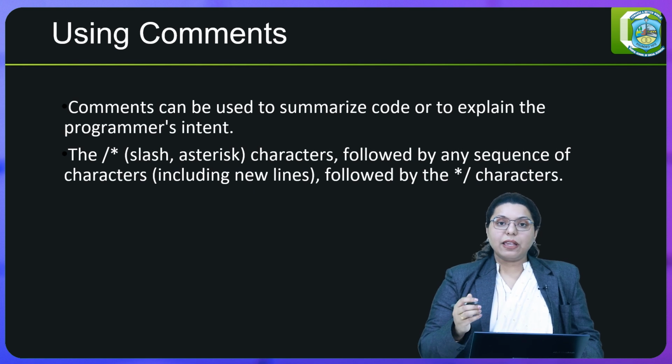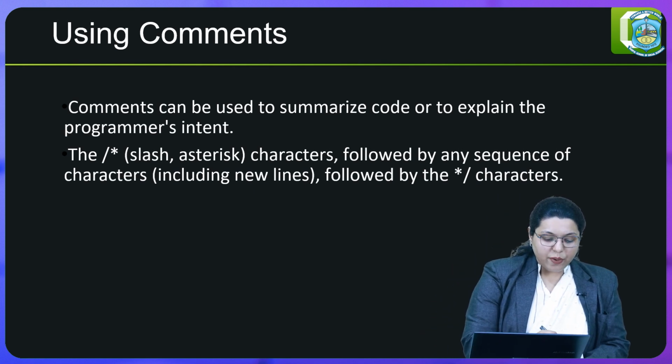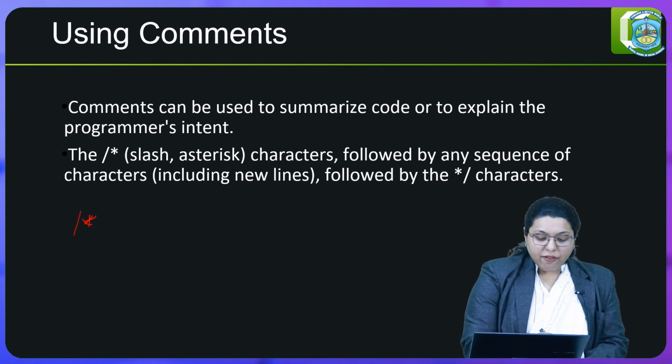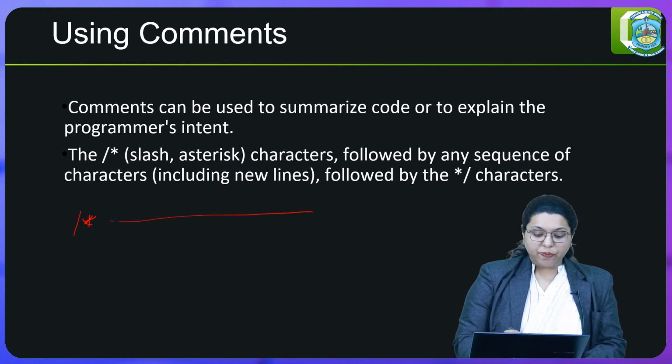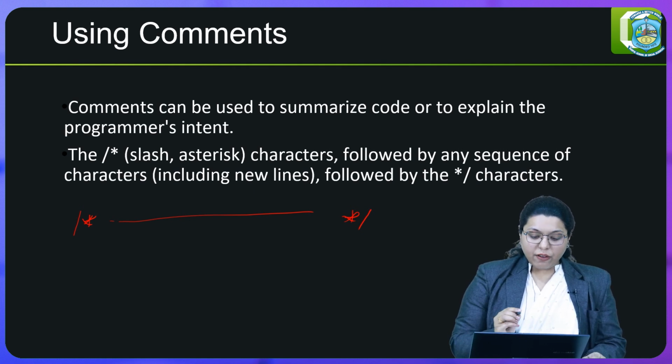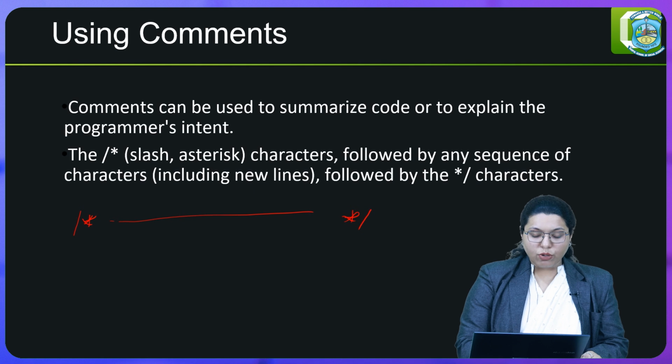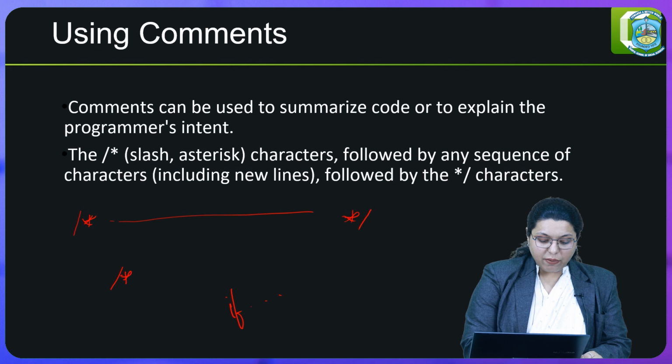So for that we have comments. Comments are written in hash star. Whatever line is written between these will not be executed by the program. For example, if I am writing an if loop, I just need to add a comment over here: this is if loop, right?